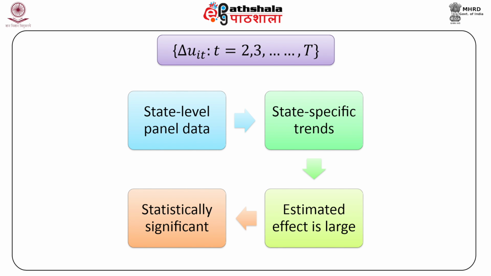That is, limit N tends to infinity, N1 by N is equal to delta, where 0 is less than delta less than 1. This condition is necessary for the consistency of the panel unit root test.